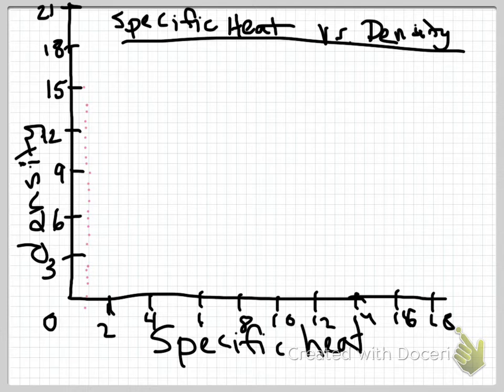Okay, so that's a little below 3. So that'll be somewhere on this line. And so I'm going to pick my point where these two lines meet, and this right here will be my aluminum point. So go ahead and graph the other 4 substances.